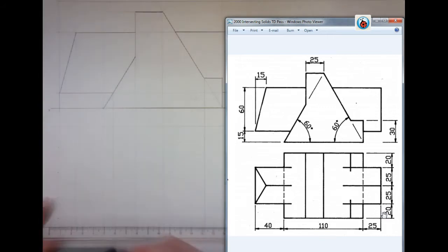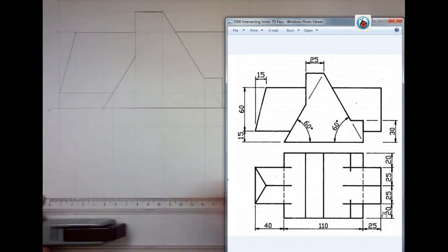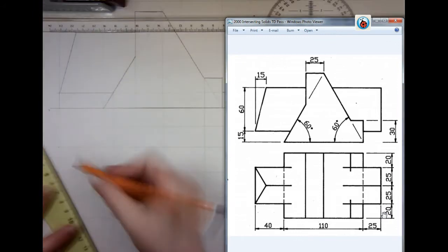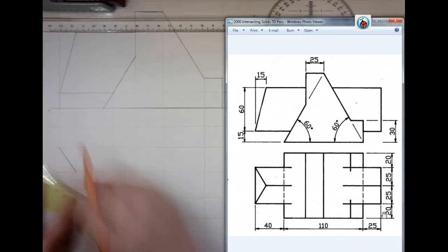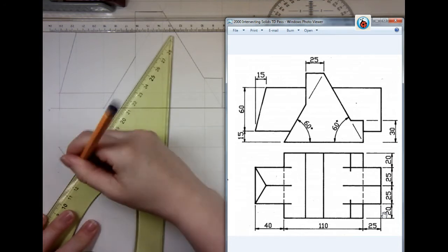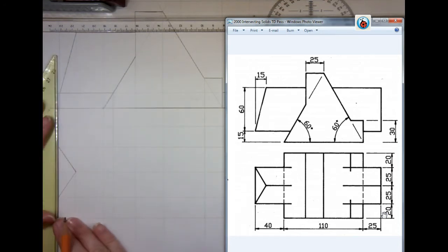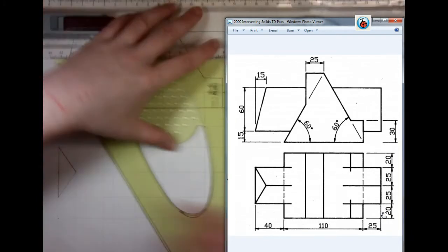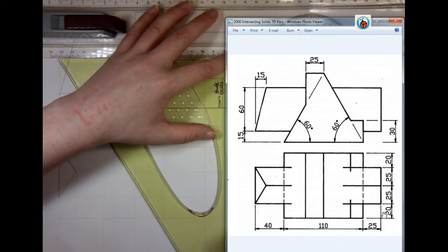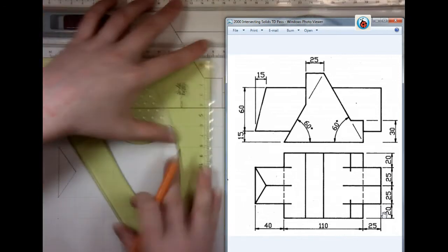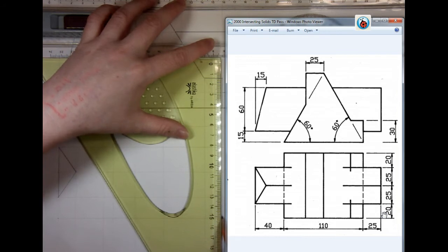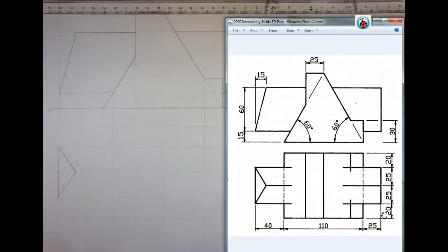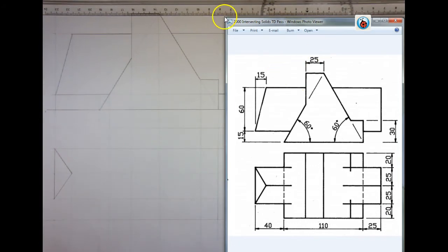And from each of those points, we're going to go horizontal. Now we cannot draw our plan in fully yet because we still have to find our points of intersection.